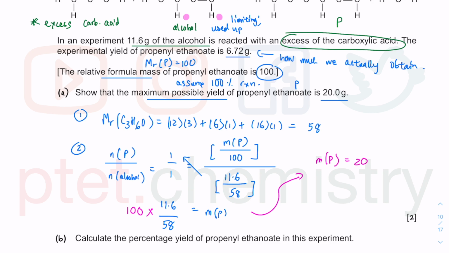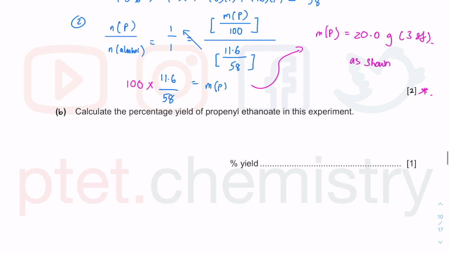I get 20 on my calculator. 3 significant figures, 1, 2, 3. So 20.0 gram, 3 significant figures as shown, as required for those 2 marks. You've got to be able to get to this Mr, and you've got to be able to show the stoichiometric relationship, that is how to get the 20 gram, to get the full 2 marks there.